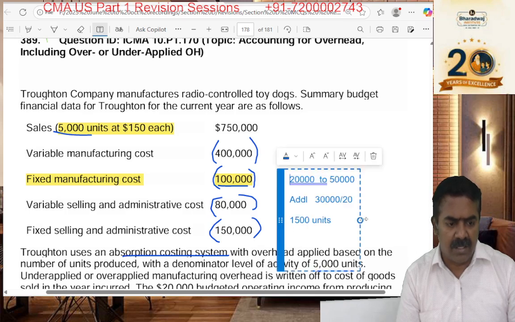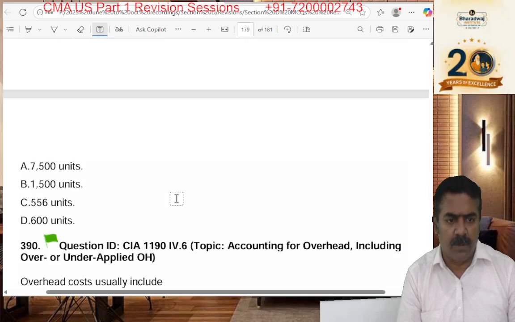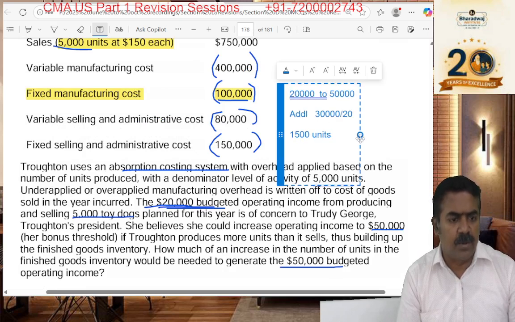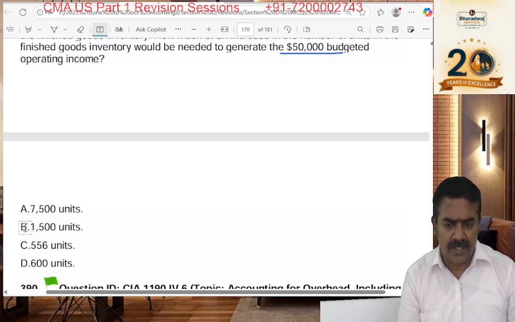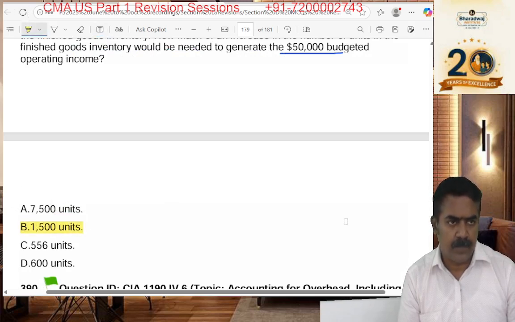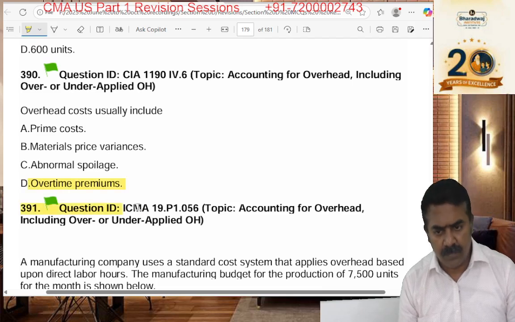So that will not come in cost of sales. Automatically, your profit will go up by 30,000. Per unit, if the rate is 20, 1,500 units would have been manufactured extra. Overtime premiums.